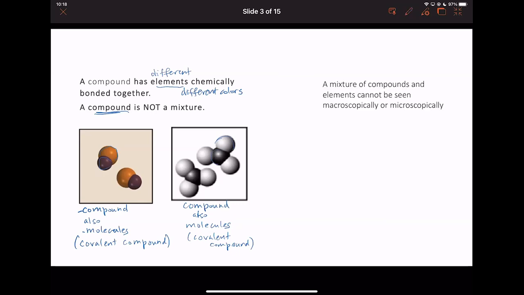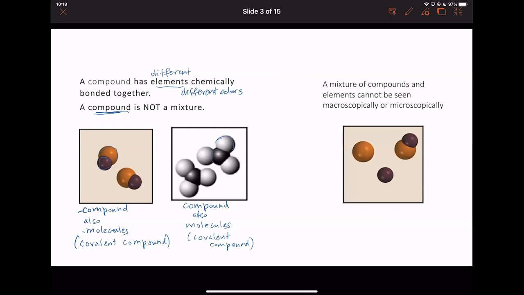So this is a mixture, is when you have the different elements and they're not bonded together. So you know that they're different elements because they're different colors. So you have different elements here. You also have a molecule. That's a compound where those elements have been bonded together. That's this one. Okay, but this is one type of element because it's identified by red. This is a different element, that purple color, because it's a different element, different color.